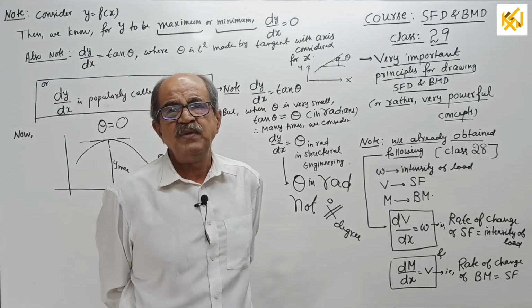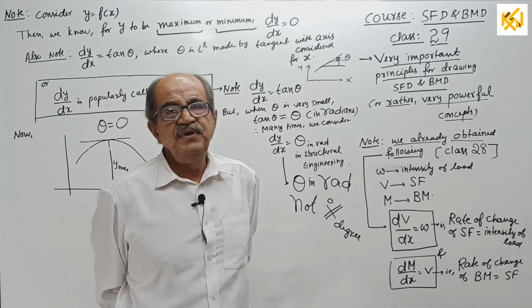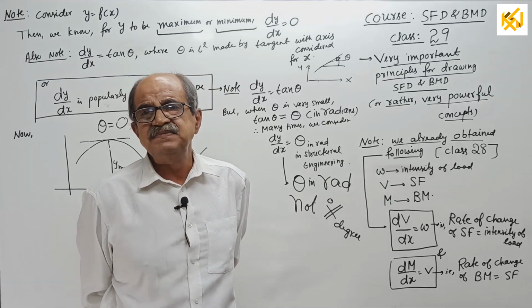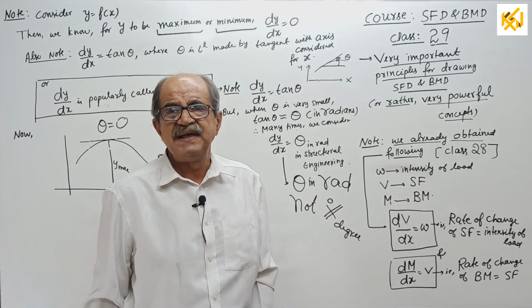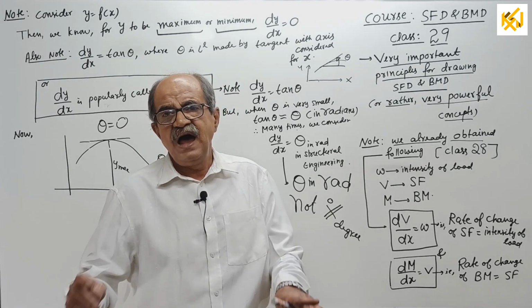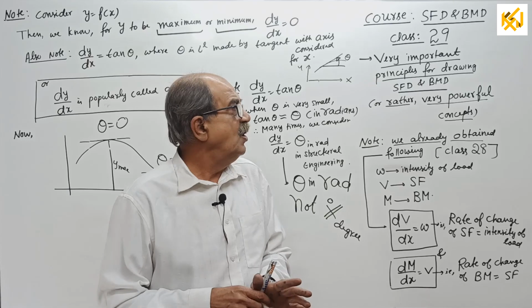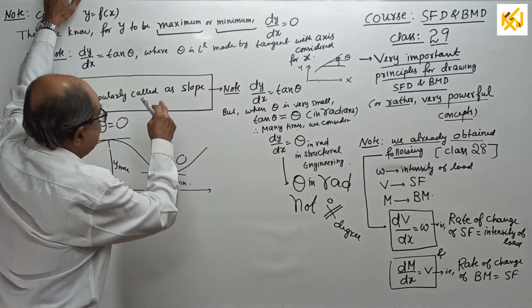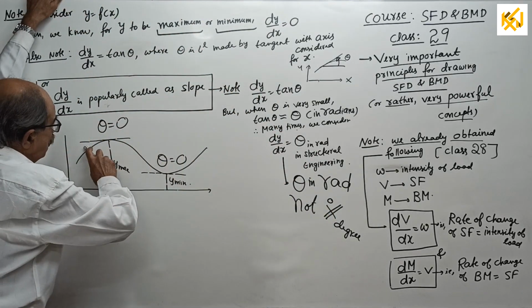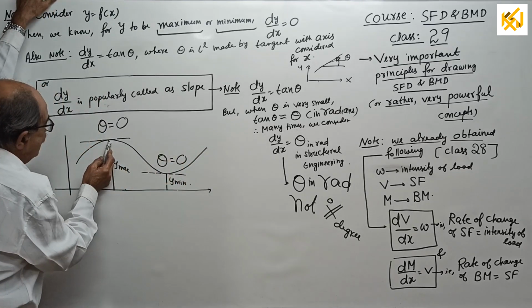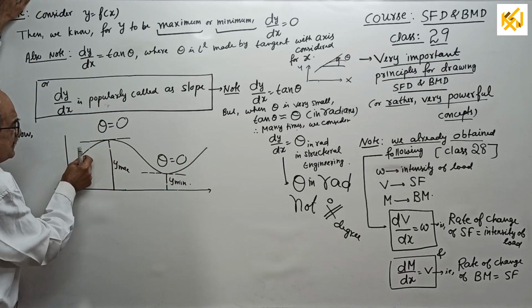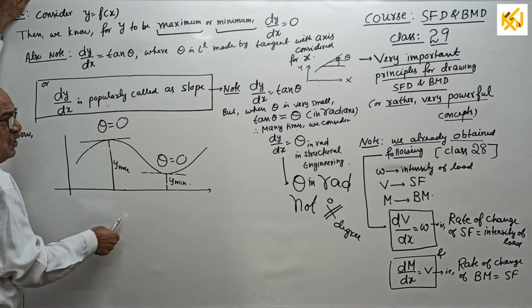There it is not that way. In cantilever with UDL, bending moment will be maximum where shear force also maximum. That all reason I will tell you when the time comes. Or remember, this is considered when the curve goes this way. This is what? See, now if I go little this side or little this side, value should decrease.